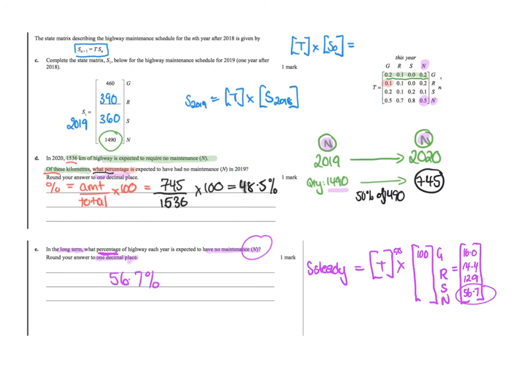So if they're asking me for a percentage of the long term, just put 100 in one of your categories and zeros everywhere else, and see how the percentages pan out.